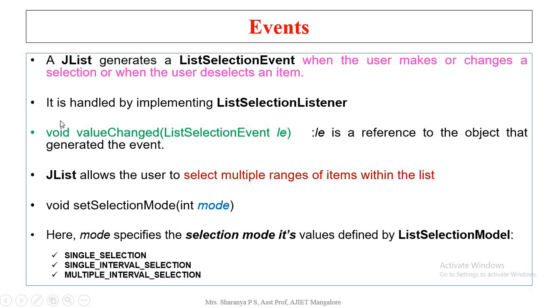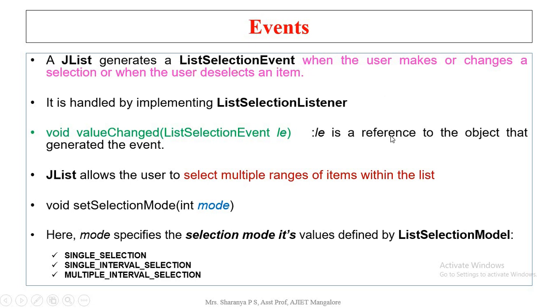When we have added these kinds of components and the user interacts with them, one or the other events will be triggered. How can these events be managed or handled? The event which is associated with the JList is the list selection event.